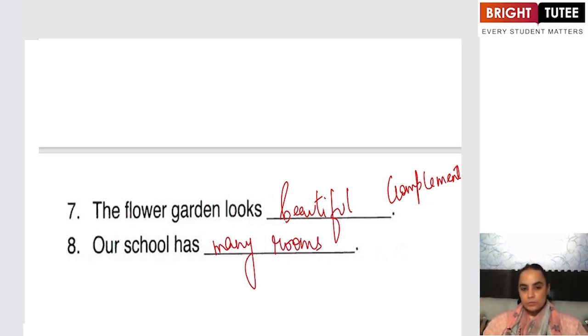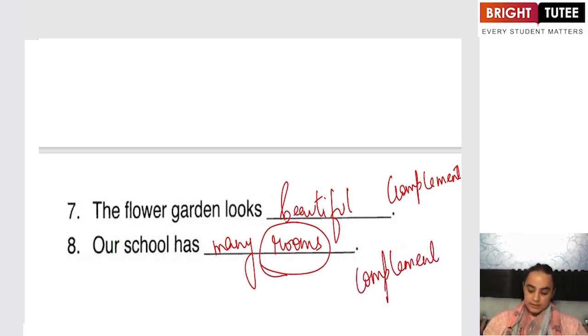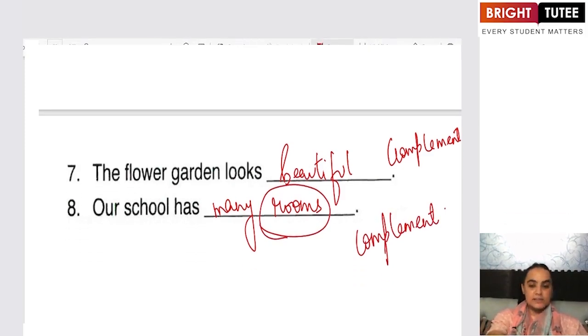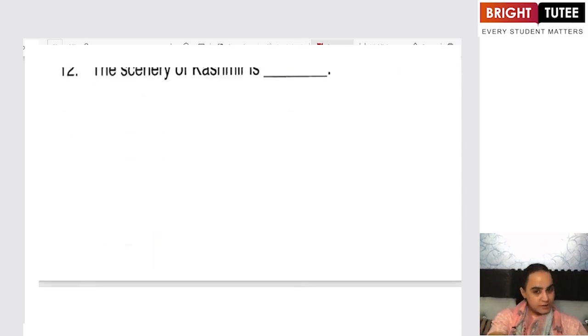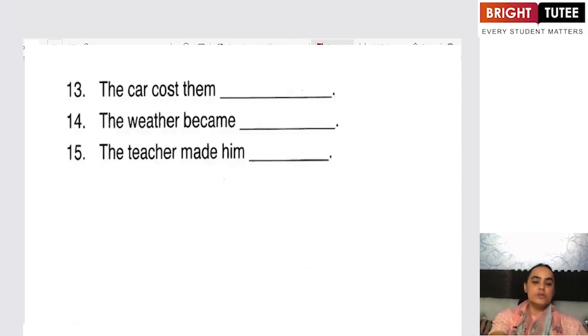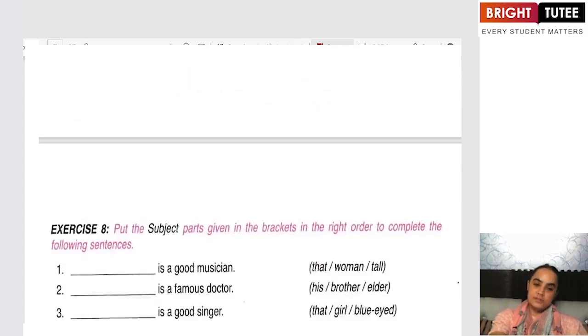What does my school have? It has many rooms. It is again a noun that I am using. So, this is again a complement. So, basically, if you are filling the sentence with a noun or an adjective, it is a complement. Otherwise, it is an object. So, like this, dear students, you are going to complete the rest of the sentences.